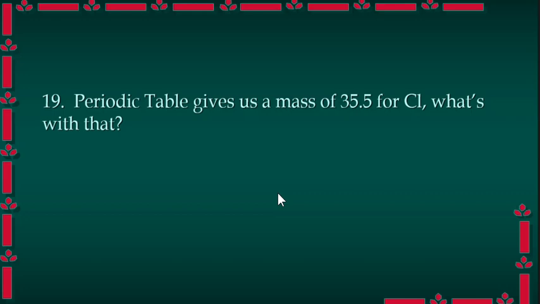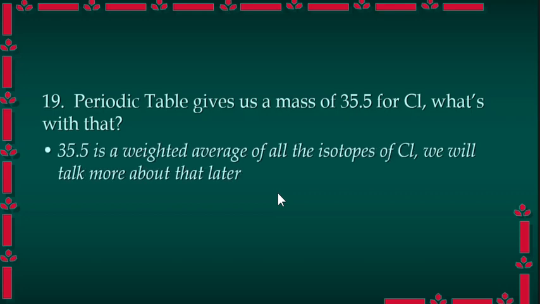The bottom number, in this case, chlorine, 35.5, is the weighted average of all the different types of chlorines. There is a chlorine 34, 35, 36, 37. I think there's even a chlorine 38.